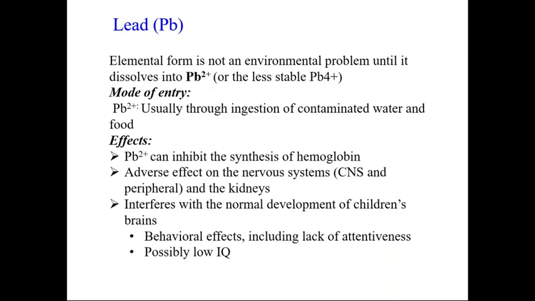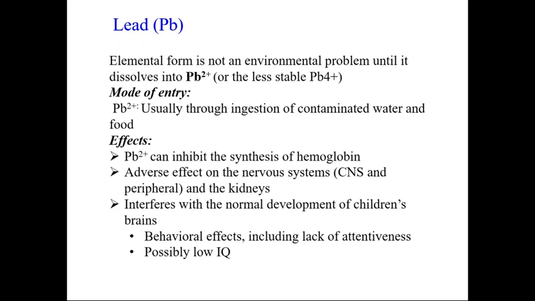Then you have lead. The elemental form of lead, that is Pb, is not an environmental problem, but when it becomes an ion and dissolves, and you have lead 2 plus, then it is highly toxic. And that is what happened in the lead pipes. And Pb2 plus is less stable than Pb4 plus.